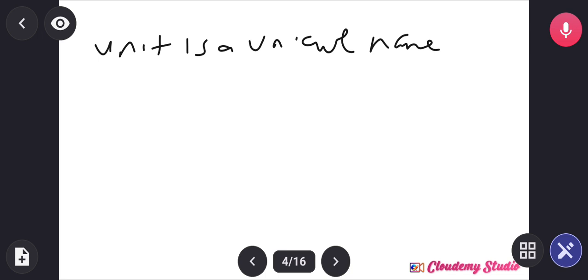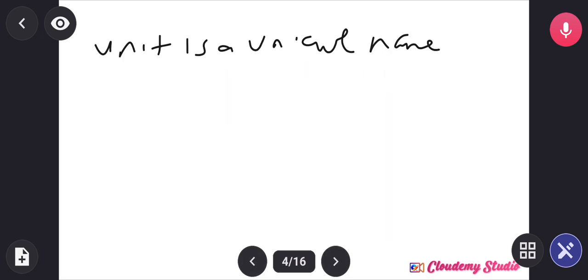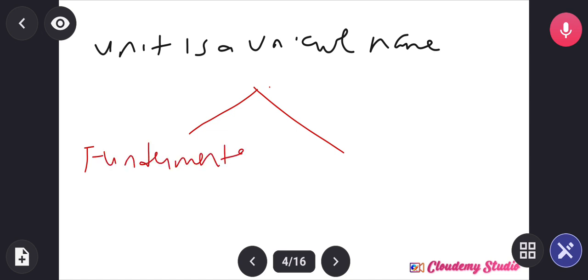Now, moving away from that standard, we have to understand that there are so many physical quantities, and this is a problem to organize them. But fortunately, not all of these physical quantities are independent. Some are dependent, the others are independent. So based on their dependency, we can classify physical quantities into fundamental quantities and derived quantities.